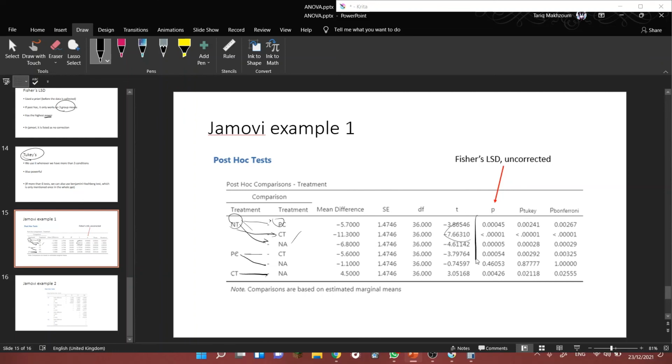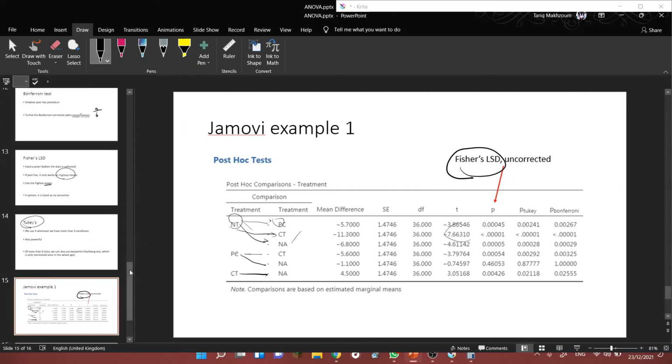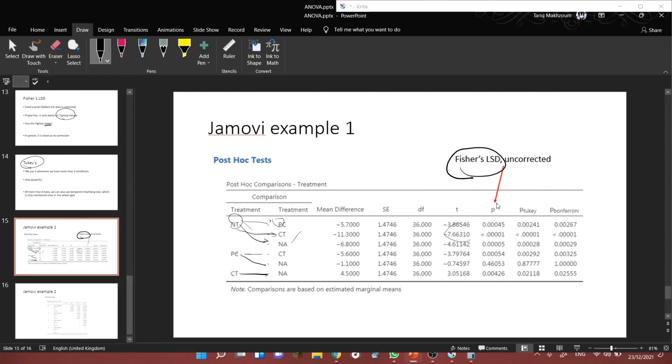And we had p-values for each of these 6 tests. Okay, and that was our Fisher's LSD p-value, right? Jamovi doesn't actually write Fisher's for this one. It just says p-value. And then we corrected that p-value once using Tukey and once using Bonferroni.